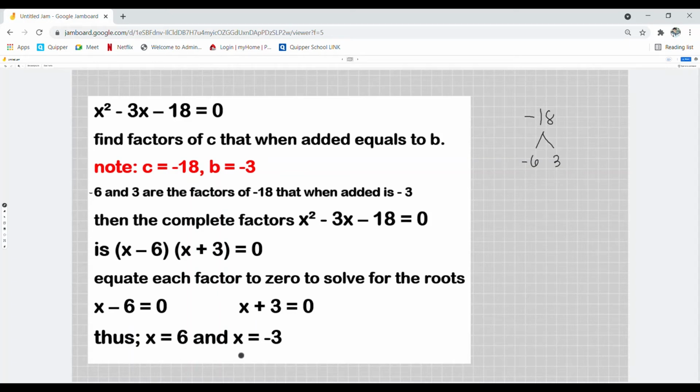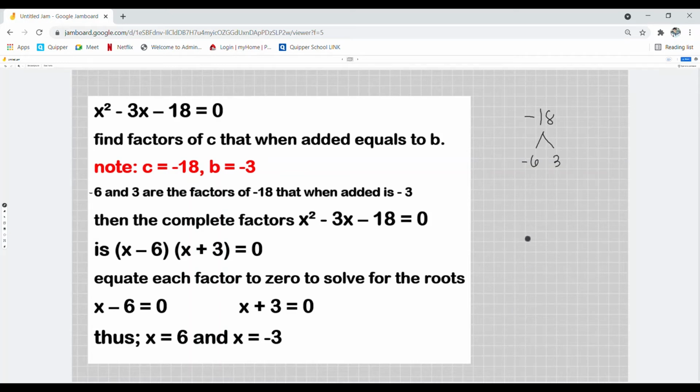So it would be the same as x is equal to negative 3. After you transpose positive 3, that will become negative 3. That you will find out that the solution, the roots of the given equation x squared minus 3x minus 18 is equal to 0 are positive 6 and negative 3. That's how simple it is. Very simple.